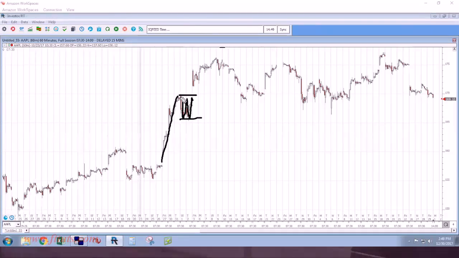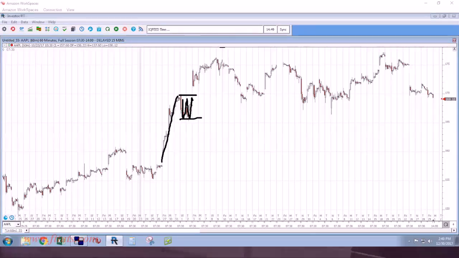So this is the rest, and rest always comes after a move. So think about this. If you can identify a period of move, a beginning and a directional, then you know right now what is going to come next. And that's going to be rest.